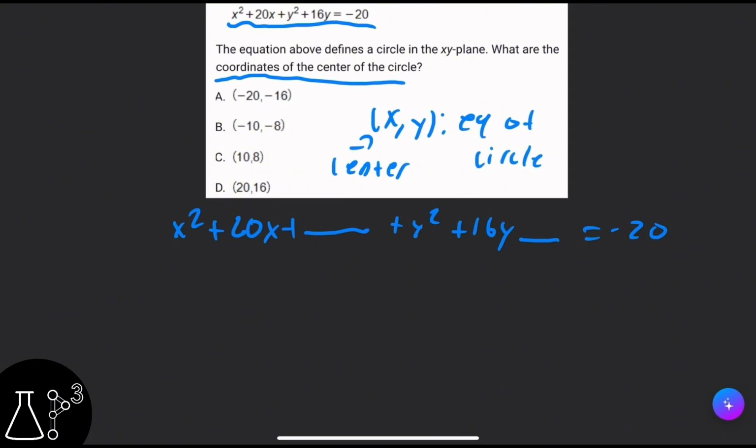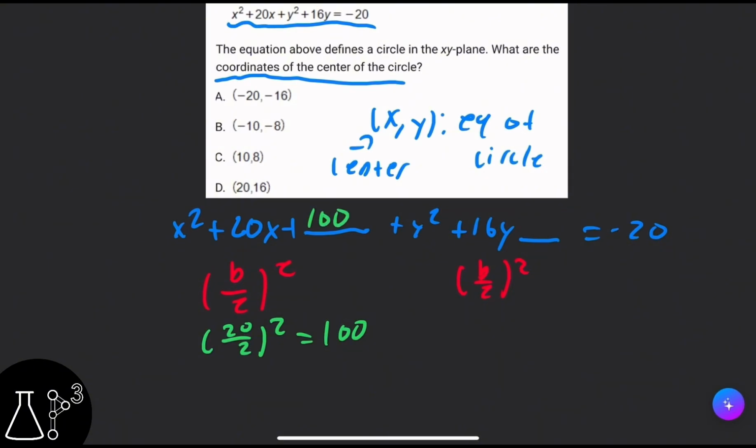So we use the same rule as in the other example, which was b divided by 2 squared for the b values of both the x and the y. In this example, b equals 20. So we do 20 divided by 2 squared, which equals 100, because 20 divided by 2 equals 10, and 10 squared equals 100.